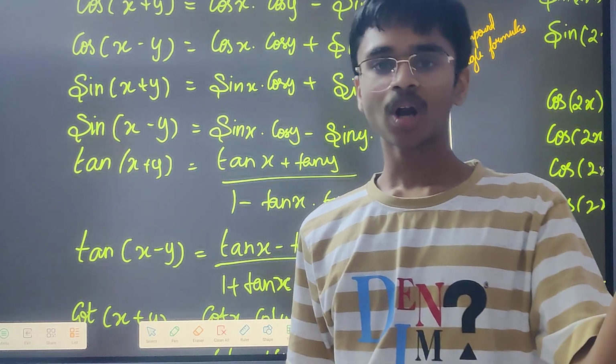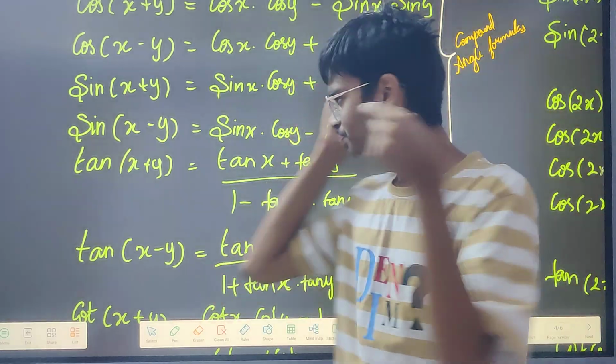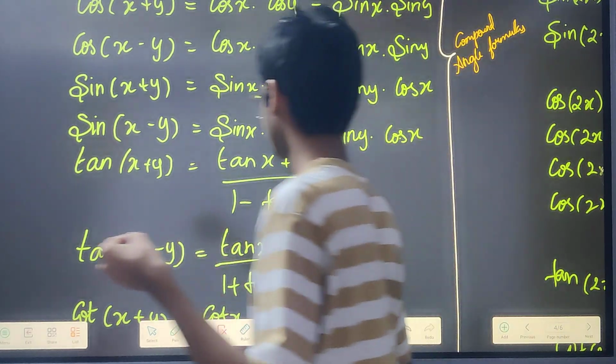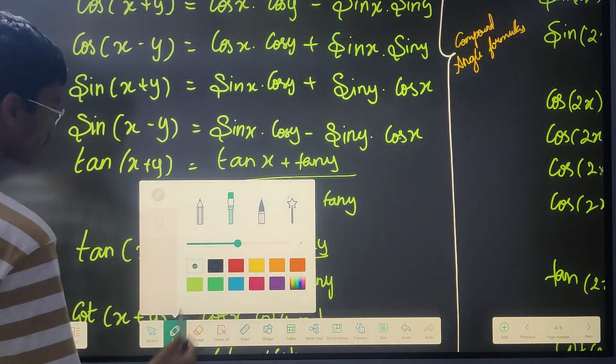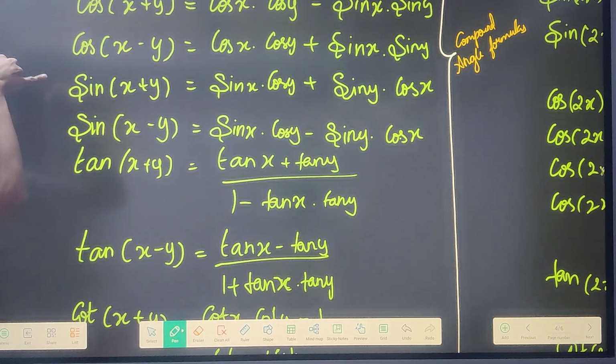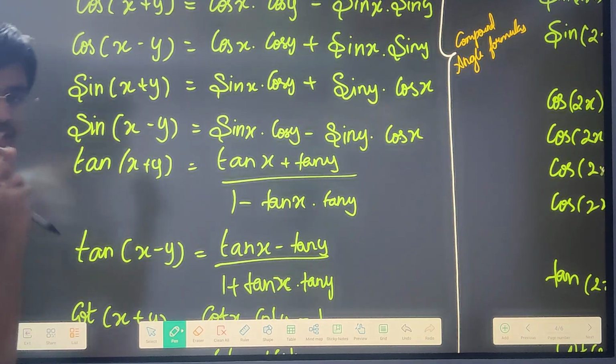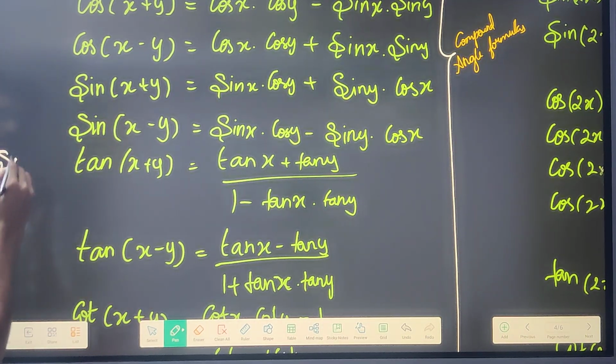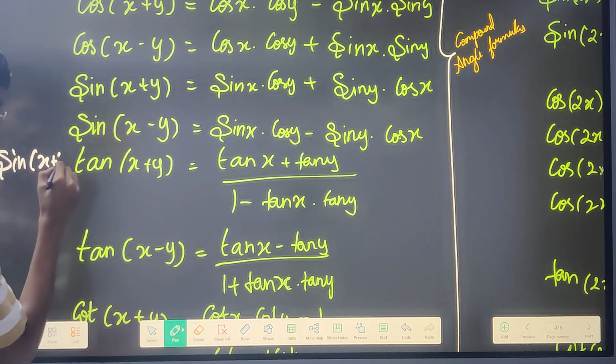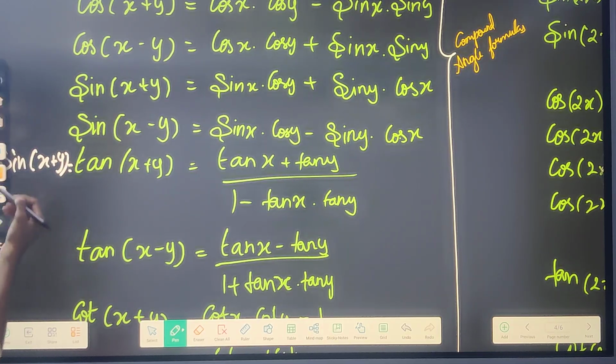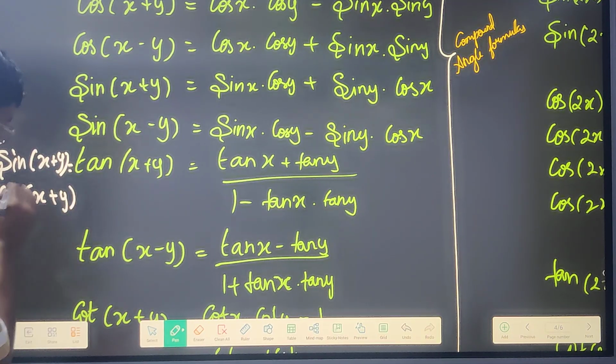So then what is the formula for sin x plus y? I'll write over here. I'm going to erase this. We are not going to see that much in depth. I'm just going to write the first step. This is going to be sin x plus y whole divided by cos x plus y.